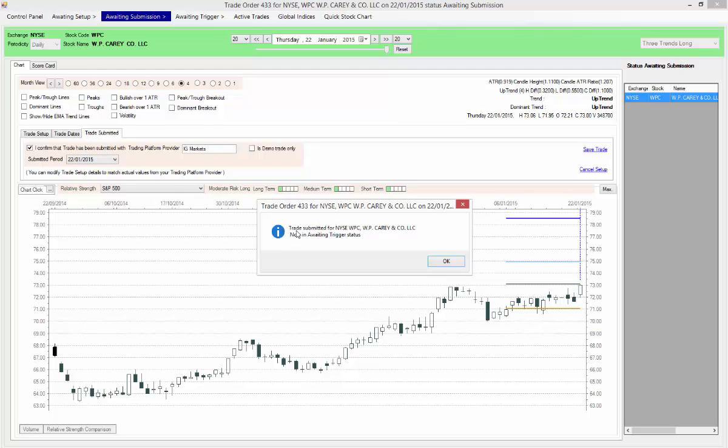Message comes up saying the trade has been submitted for WP Carey & Co. Now in the awaiting trigger status. So awaiting trigger is that the market needs to meet my entry price, at which point in time it will be triggered in. So we're now going to shuffle this trade from the awaiting submission status to an awaiting trigger status.